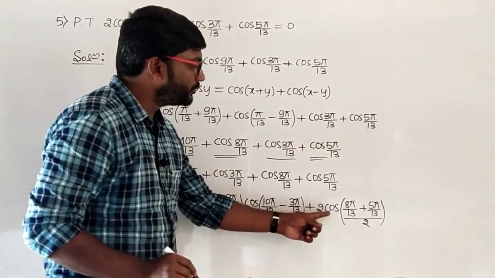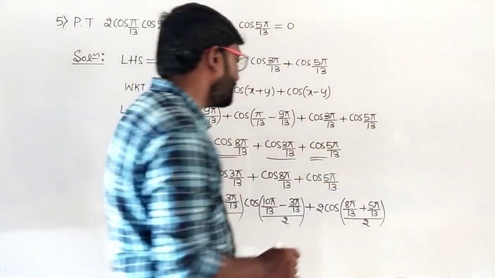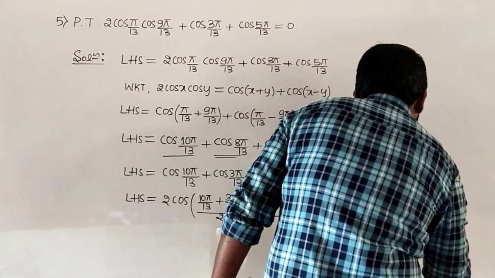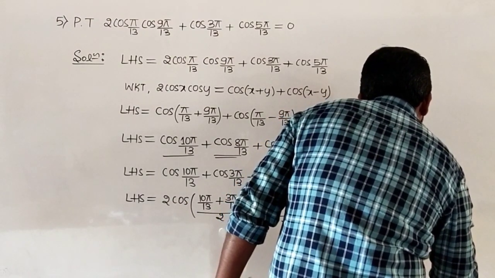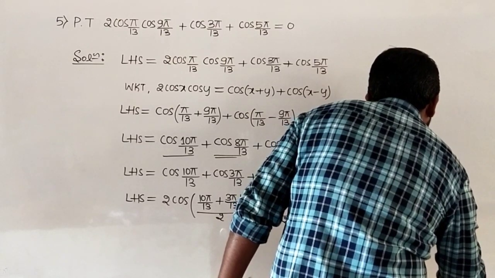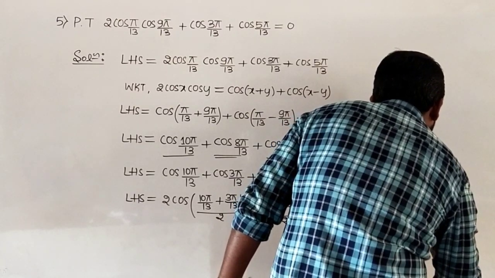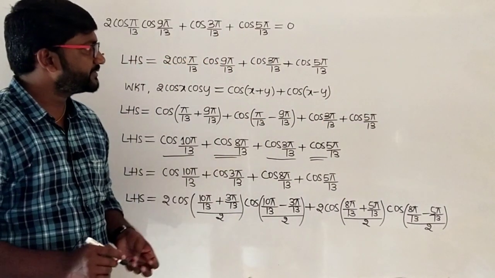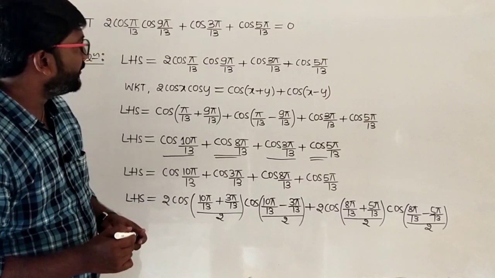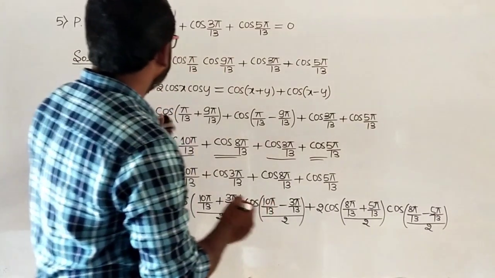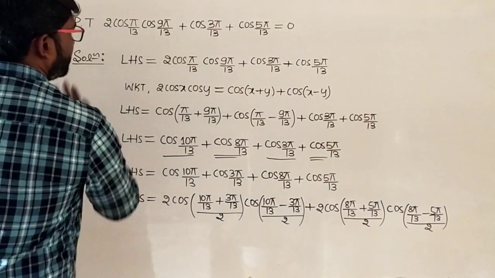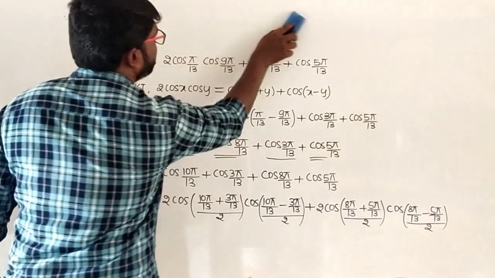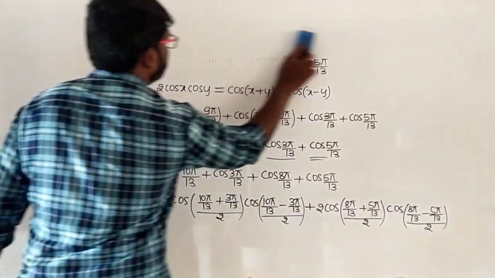So this is 2 cos of x plus y by 2 into cos of x minus y by 2, into cos of 8 pi by 13 minus 5 pi by 13, then whole divided by 2. So we have to simplify this further. Since we don't have much space, I'll be rubbing the beginning few steps. At the end we have to prove this as 0. We'll do that now.